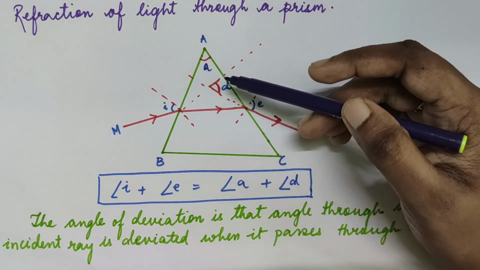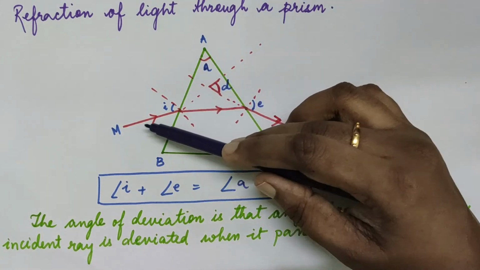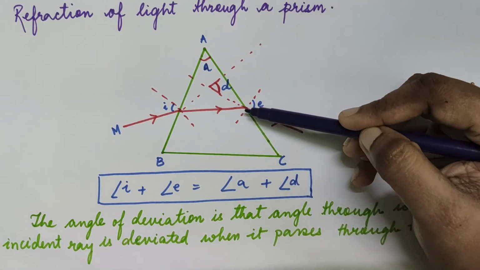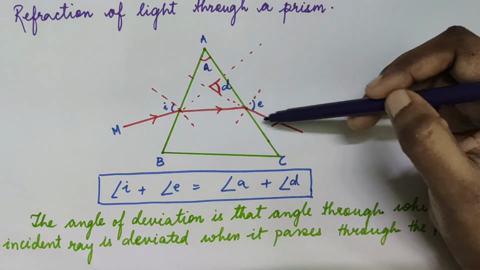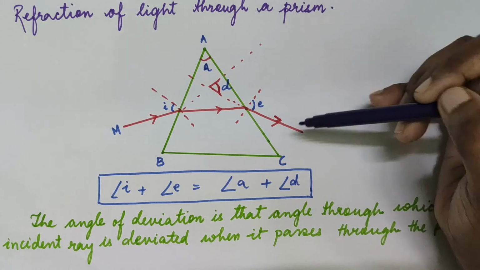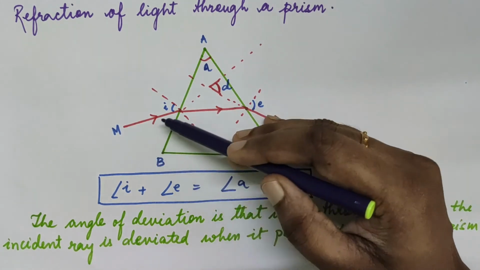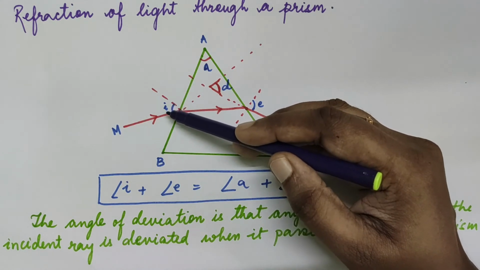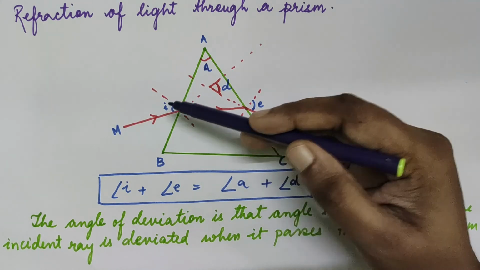Now if there is a light which is incident on this prism, it generally moves towards the base of the prism and then it emerges out. So this is an emergent ray, this is a refracted ray, this is an incident ray. The angle that it makes with the incident ray and the normal is the angle of incidence.